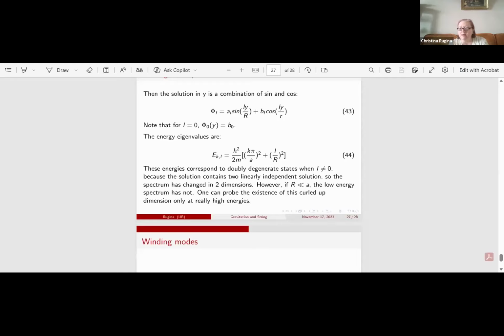It's from quantum mechanics, from the square well. It could be a more complicated problem than that, but it gives you the idea that small curled up dimensions don't show up in the spectrum. They're there, but you don't notice them because it's as if they're not here, practically.